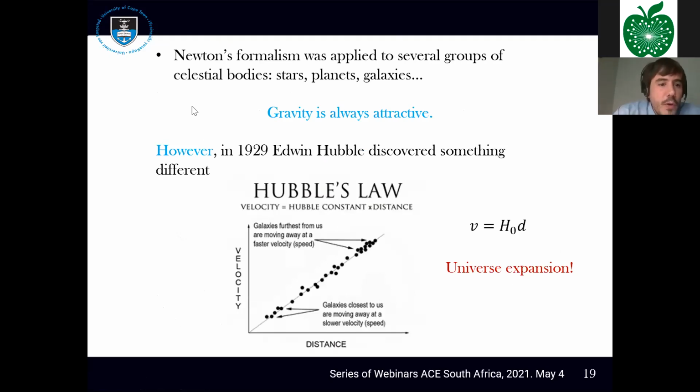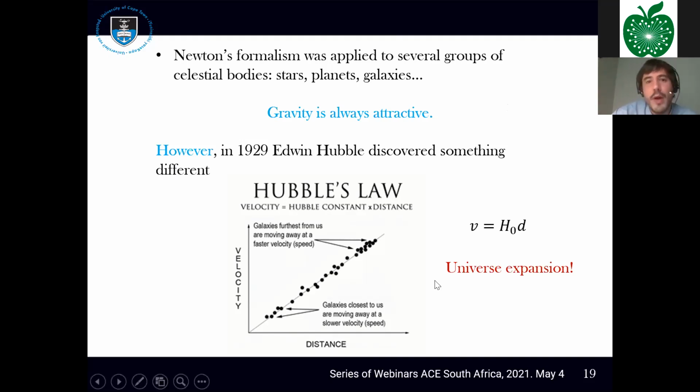Good. Newton's formalism was applied to several groups of bodies, stars, planets, galaxies, and one of the things we got from Newton's mechanics is that gravity is always attractive. But in 1929, Edwin Hubble discovered something a little bit different.